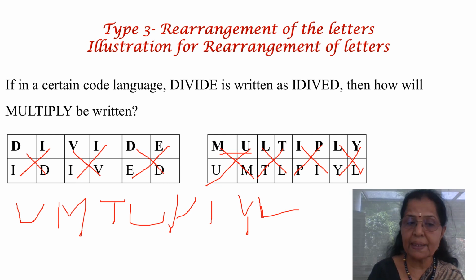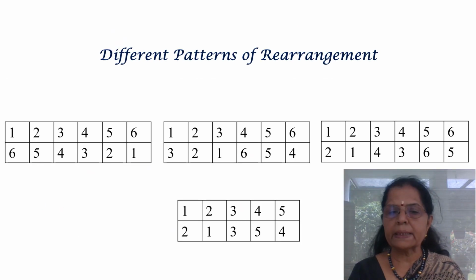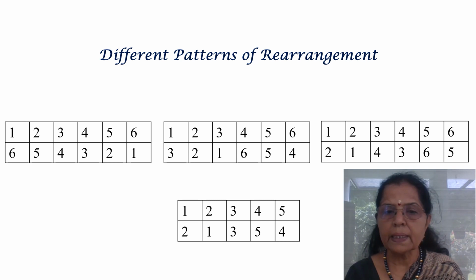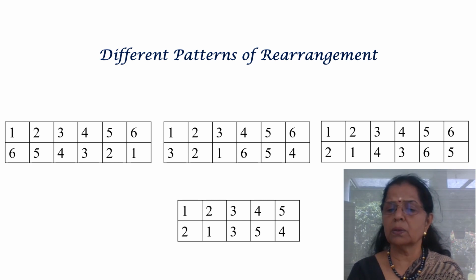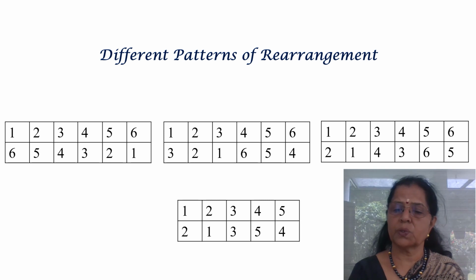The pattern may be like this. There are different patterns which we will see now. See, now look at this. What you are seeing here is 4 different patterns of rearrangement of the letters. As I have told you, no new letters are introduced.